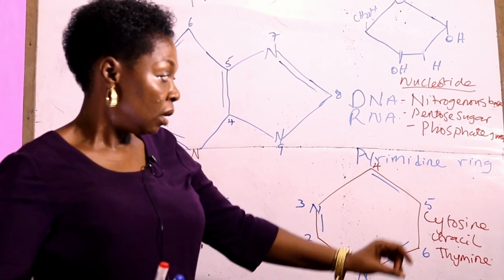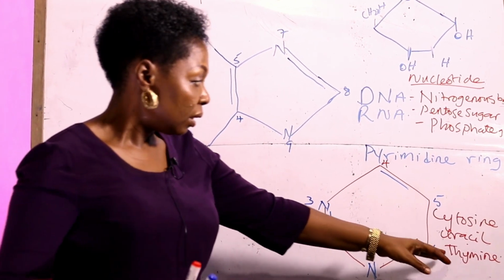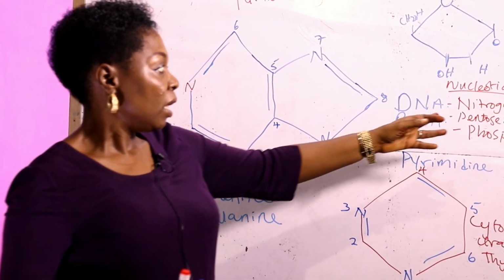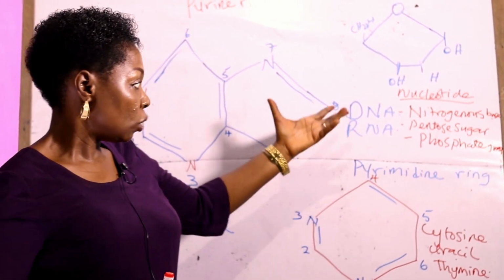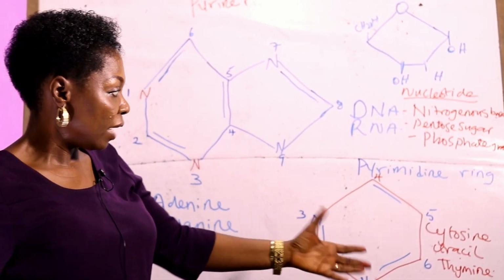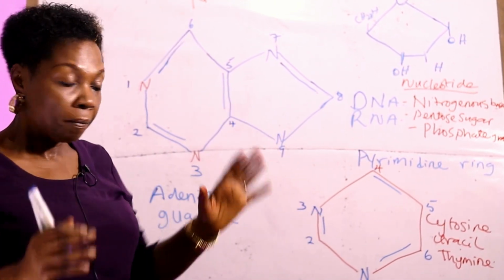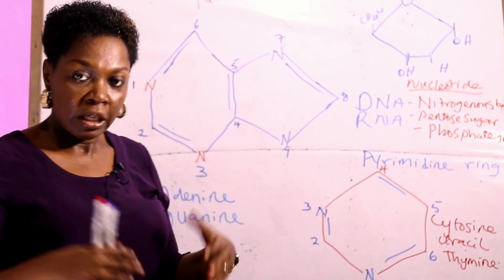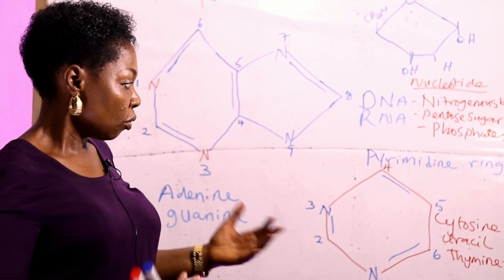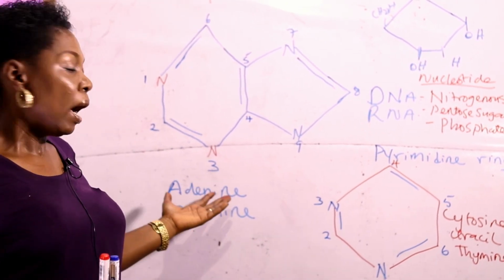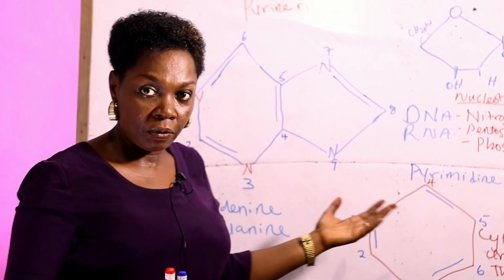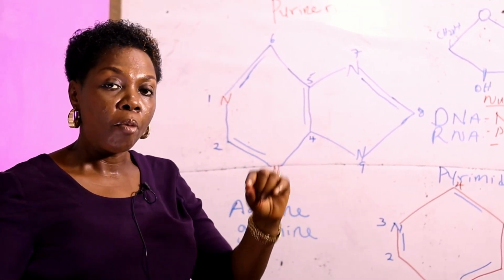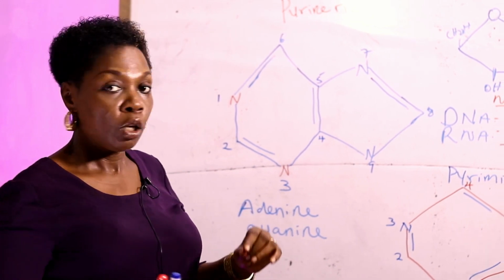When you have the pentose sugar and the phosphate group attached to this nucleotide base, it forms cytosine triphosphate, uracil, or adenosine triphosphate or adenosine diphosphate, depending on the number of phosphate groups.